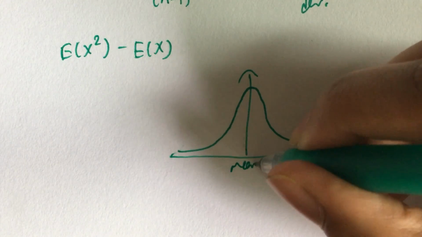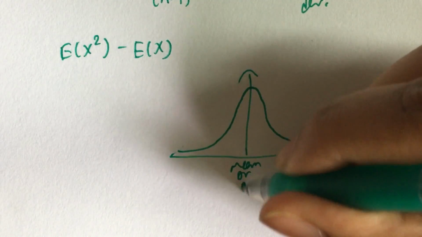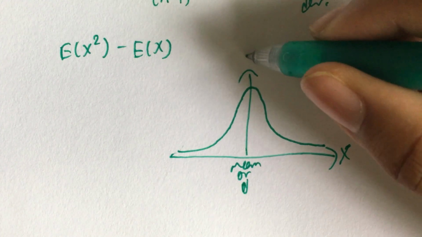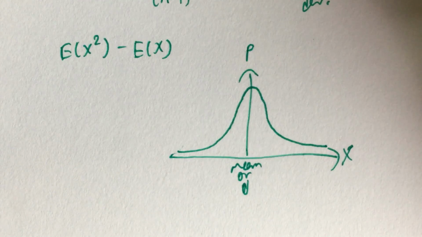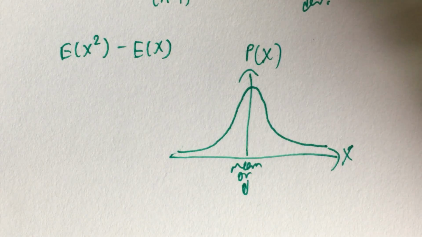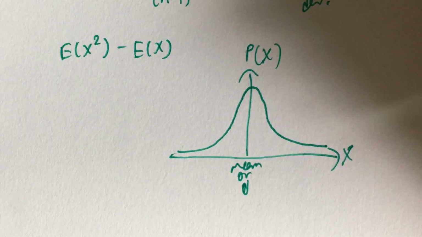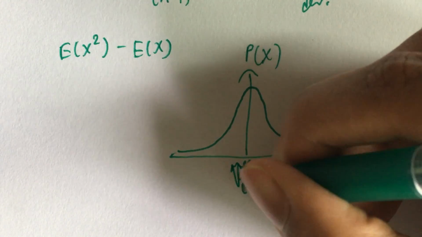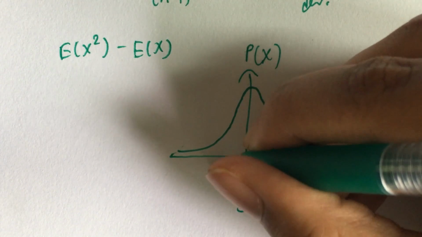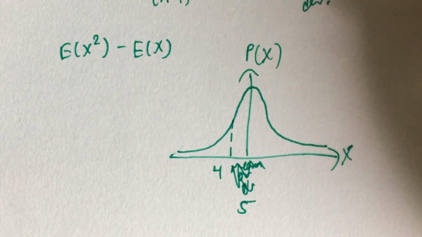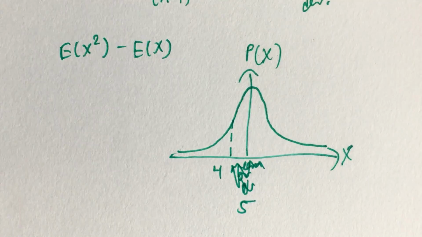So in the bell curve, you know that the mean is right at the center, and to the left of the mean there are all the numbers that are lesser than it, and to the right there are all the numbers that are greater than it. So for example, if you wanted to find the probability that x is smaller than 4, and your mean is 5, and you have your bell curve already defined from that particular model, you can then use your GC.